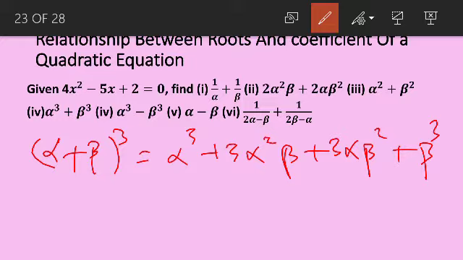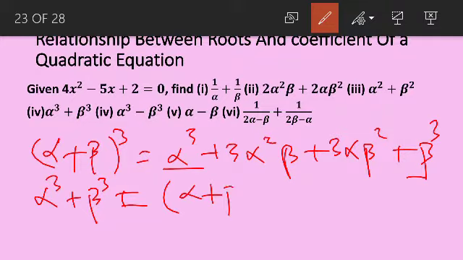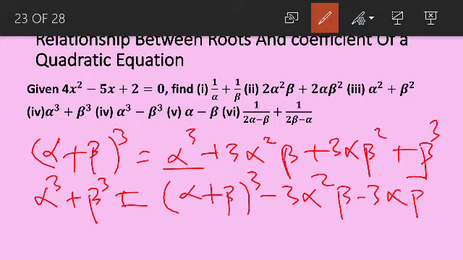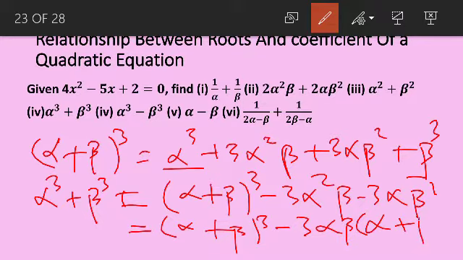So if I want to make alpha cube plus beta cube the subject of the formula, I'm going to get alpha cube plus beta cube equals alpha plus beta all cube minus 3 alpha squared beta minus 3 alpha beta squared, which you can still represent as alpha plus beta all cube minus 3 alpha beta into alpha plus beta.